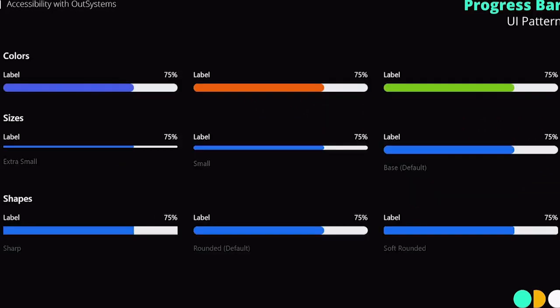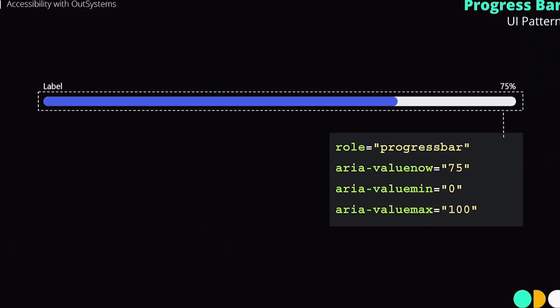So let's talk about the progress bar. We provide this pattern with some UI behaviors to change the shape, the size, the orientation. But to make it accessible, we need to affect only one element, the bar. And to make it accessible, you just need to do that.